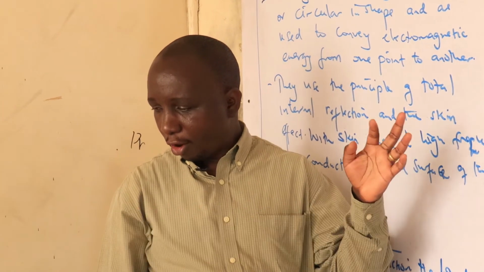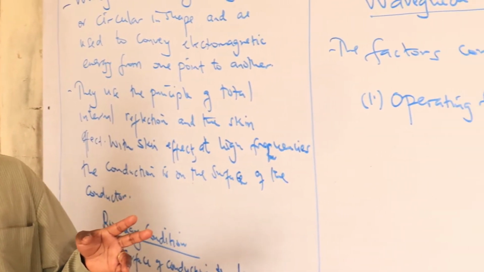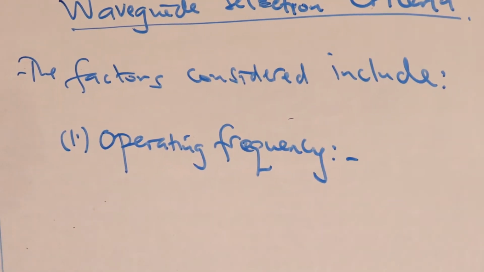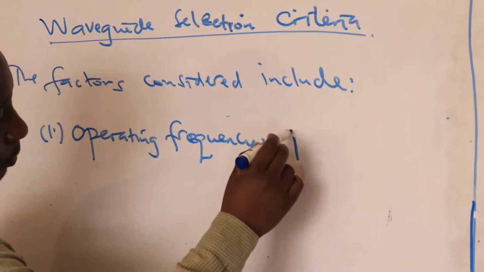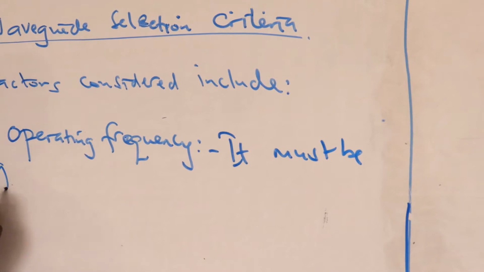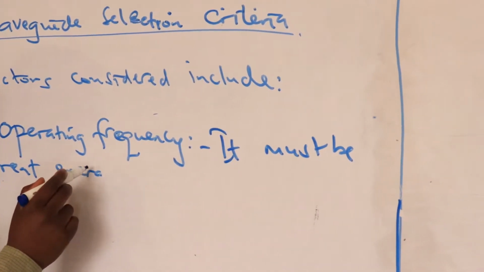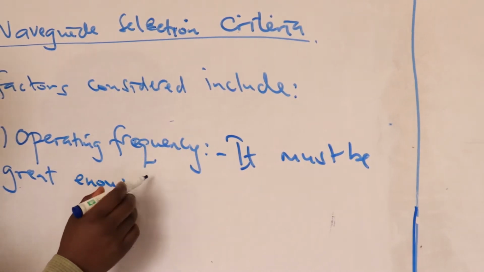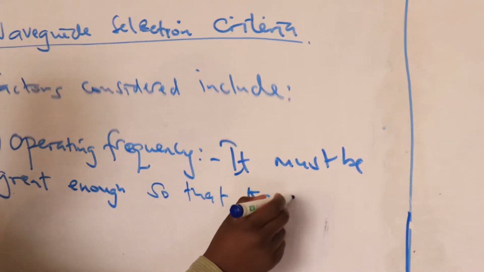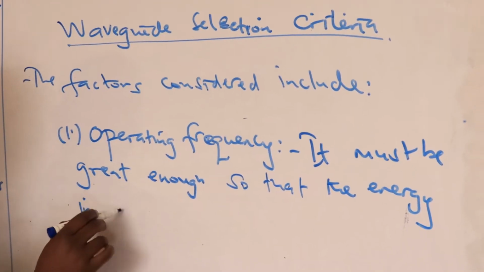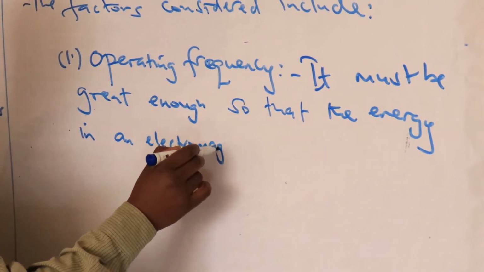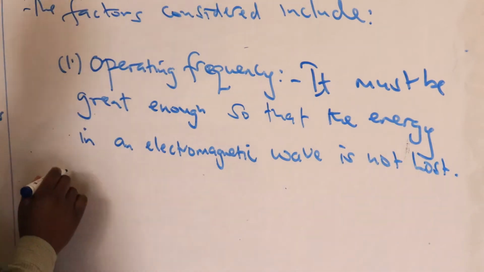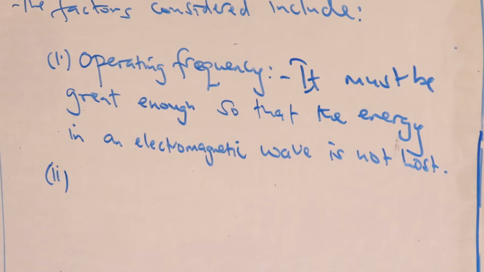This operating frequency must be great enough to overcome the minimum condition, so that the energy in an electromagnetic wave is not lost.